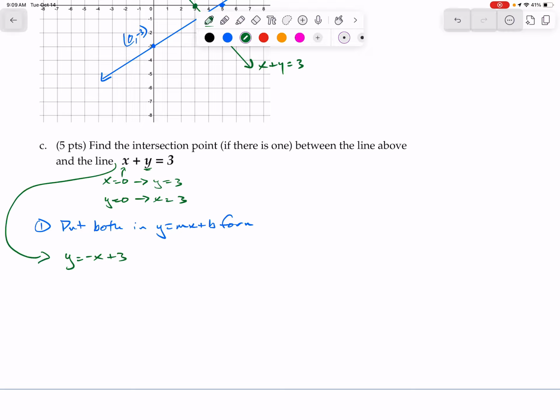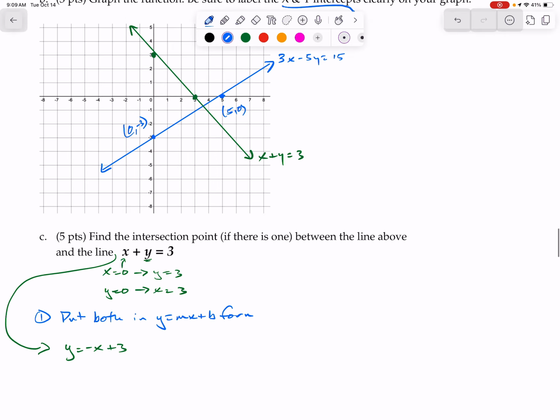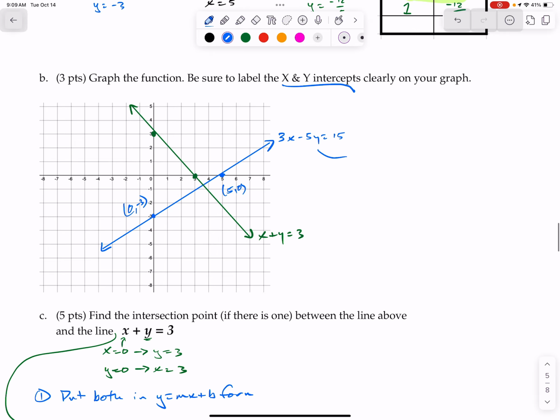I just subtract x from both sides. And my blue one, let's do it here. Negative 5y equals negative 3x plus 15. So I just subtracted 3x from both sides. And then I am going to multiply both sides by negative 1/5 so that that goes away.